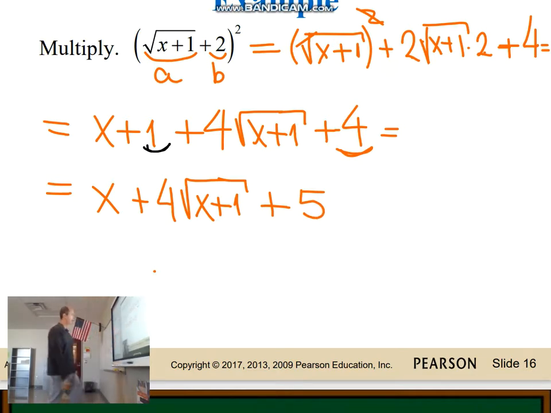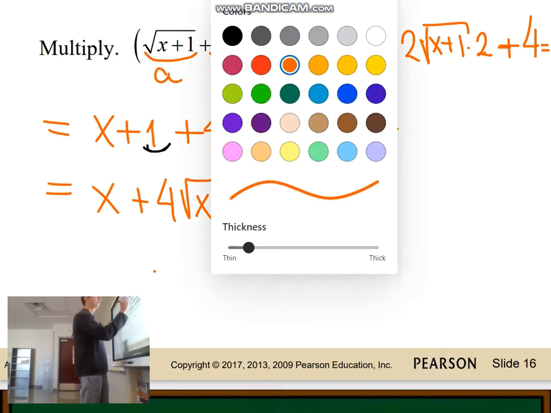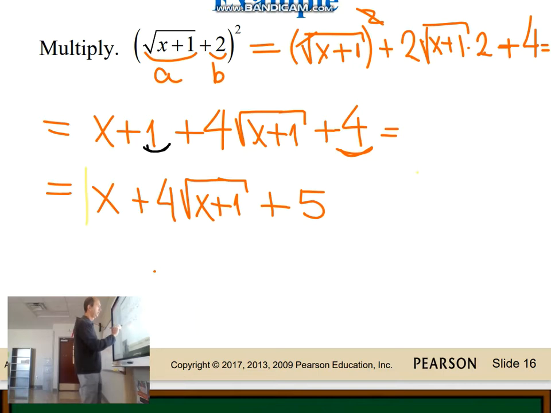That is our answer. Yeah, you can change the order, but this is the answer. This is the result after all the possible simplifications, right?